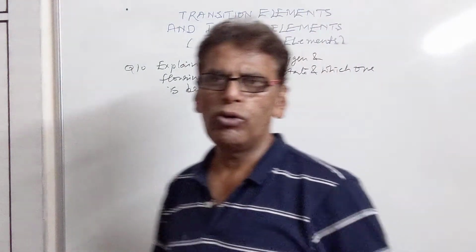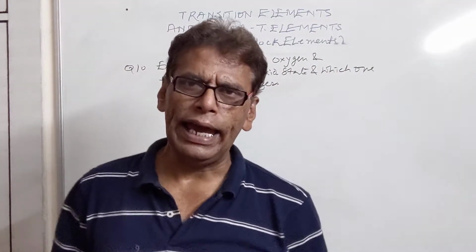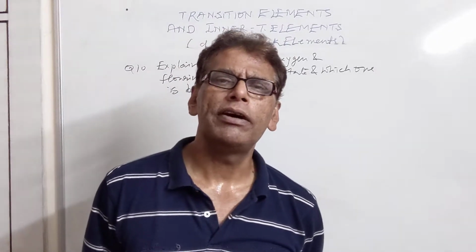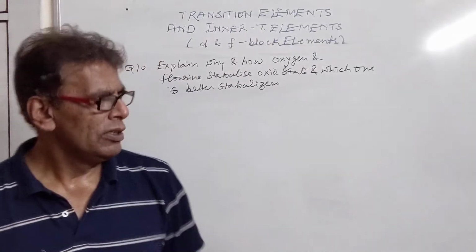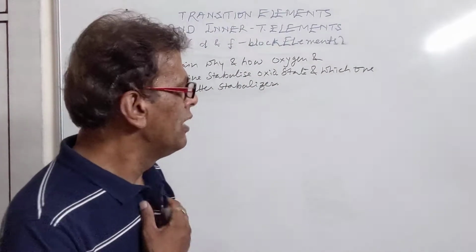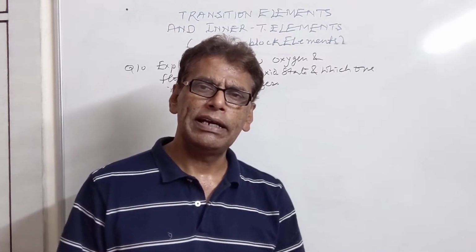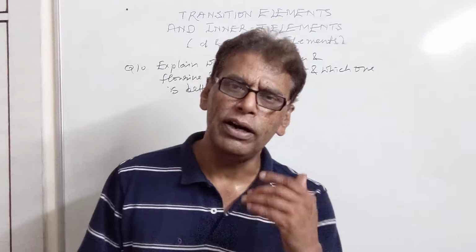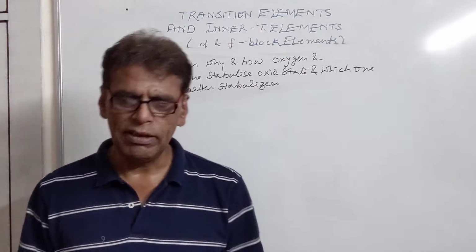So oxygen and fluorine both act as oxidation state stabilizers due to their high electronegativities. Fluorine is known as a superhalogen due to its high electronegativity. It can stabilize the higher oxidation state by keeping hold on the electrons of transition metal ions.